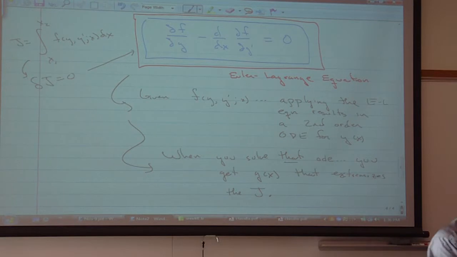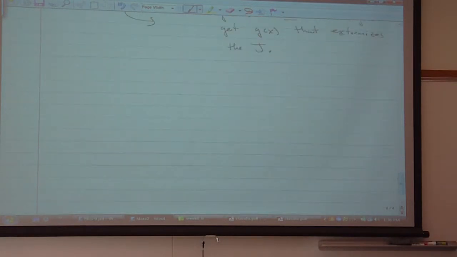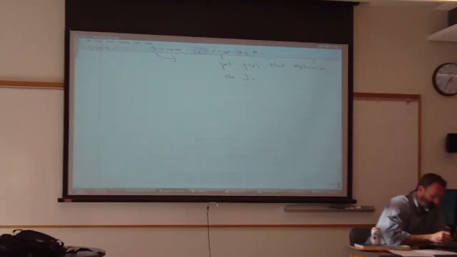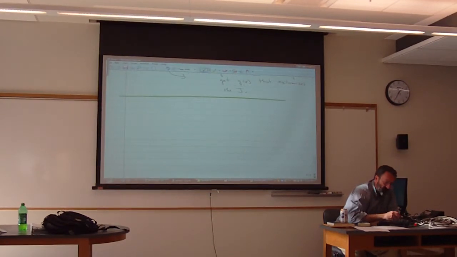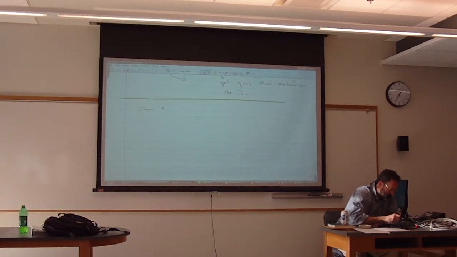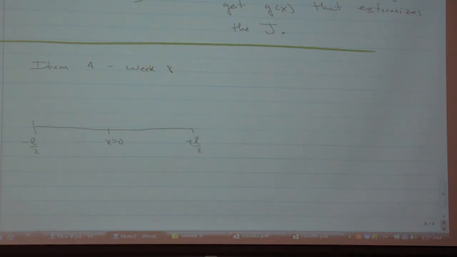Alright, let's look at item A real quick. Item A is a generalization of exam problem 5. There's a bar. This is at x equals 0. This is minus L over 2. This is plus L over 2.